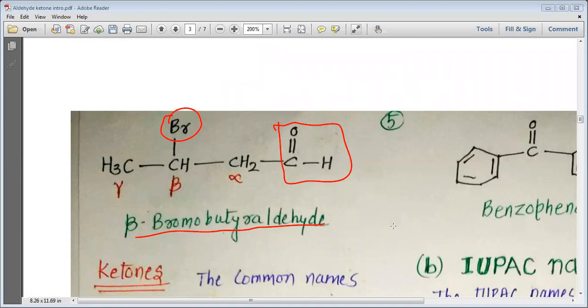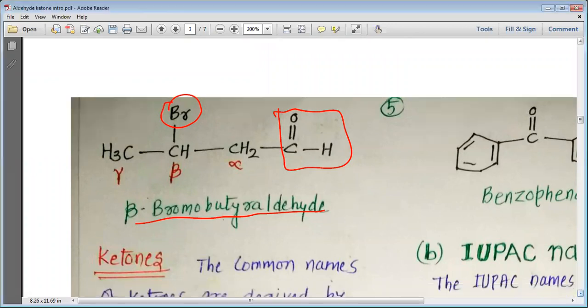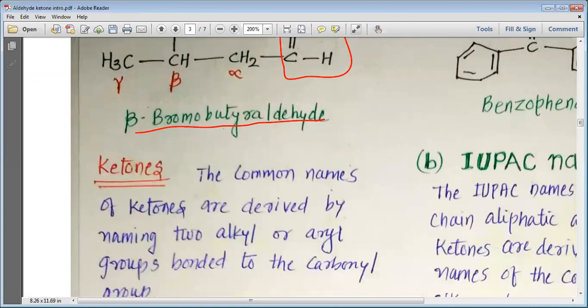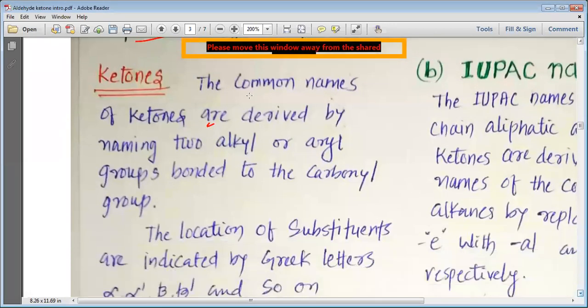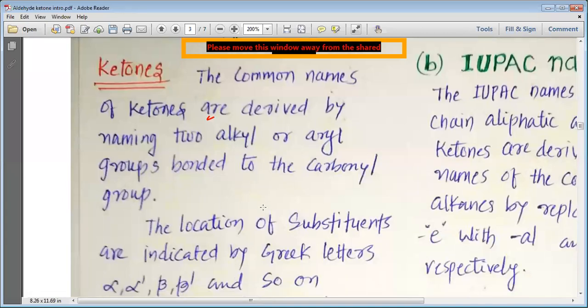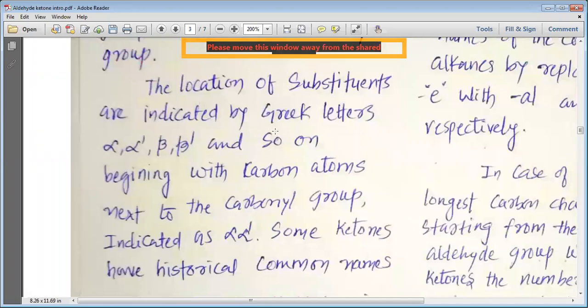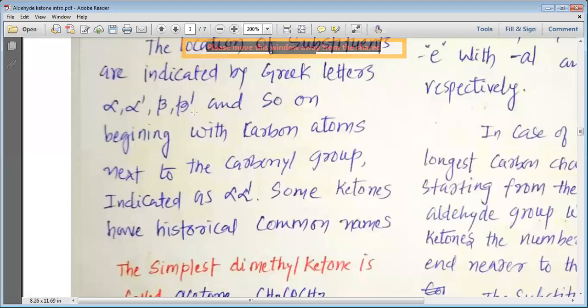Then next, my dear students, if we look at the system of ketones, let us give common names to some of the ketones. The common names of ketones are derived by naming the two alkyl or aryl groups bonded to the carbonyl group. The location of the substituents is indicated by the Greek letters alpha, alpha dash, beta, beta dash.